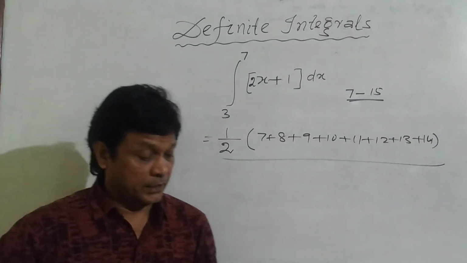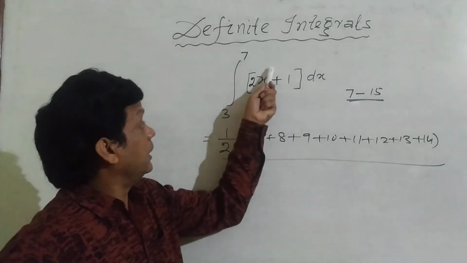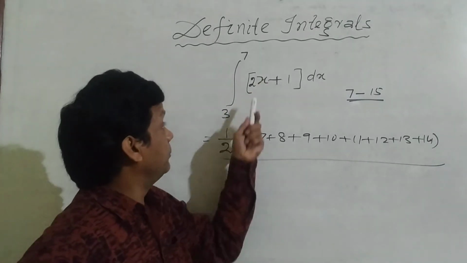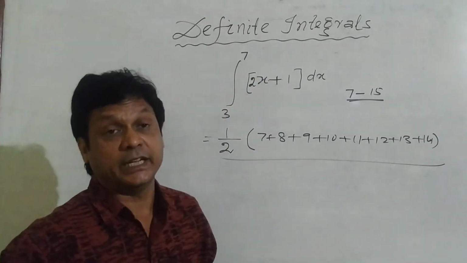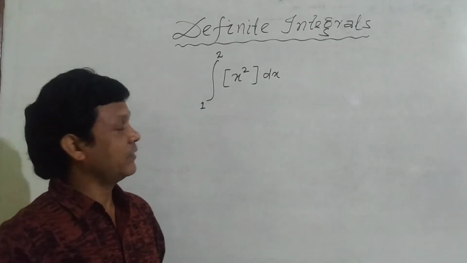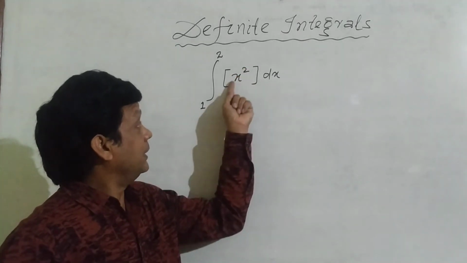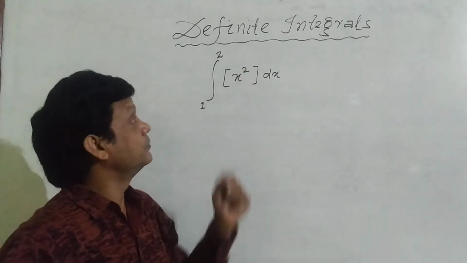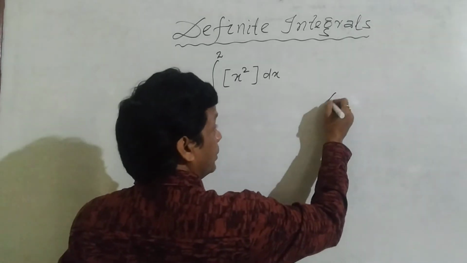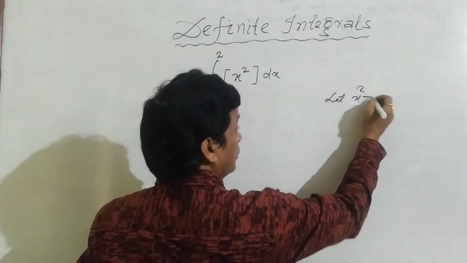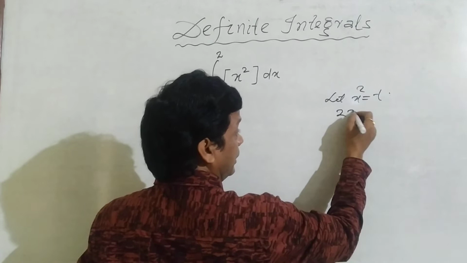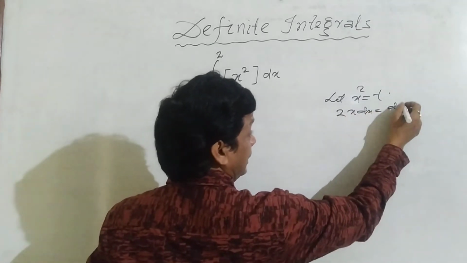Okay. Now I tell you if there will be a power of x. That means if there will be x square or root x like this. See here, there is x to the power 2. I am doing this: let x square is equal to t. So the derivative of x square is 2x dx is equal to dt.